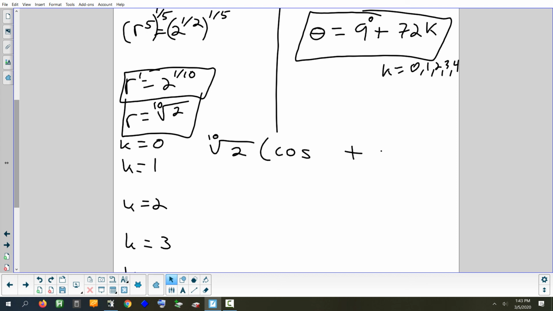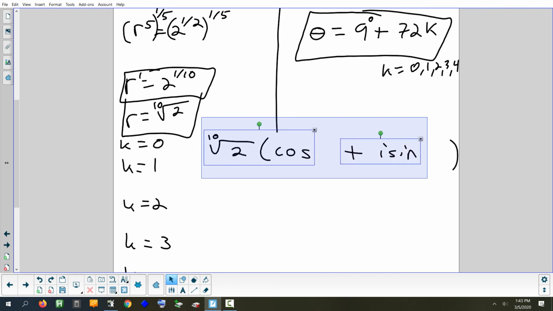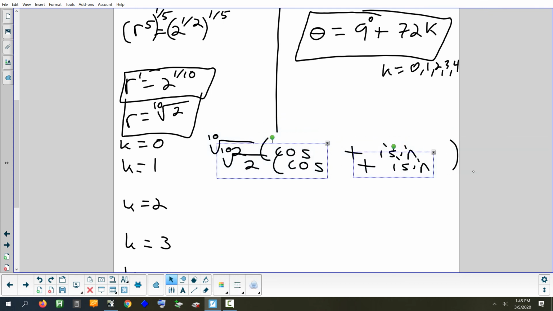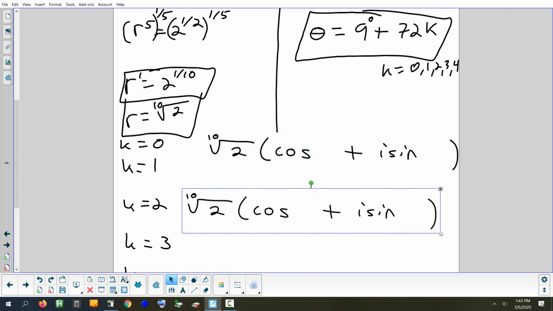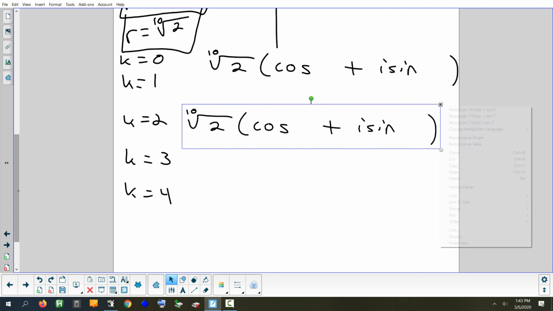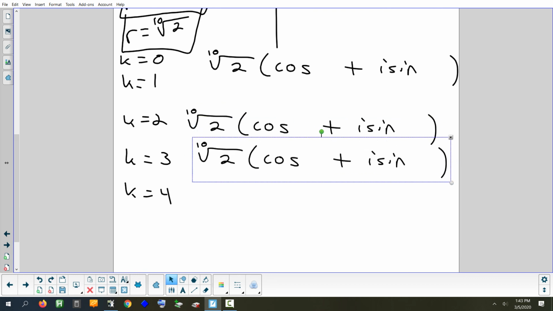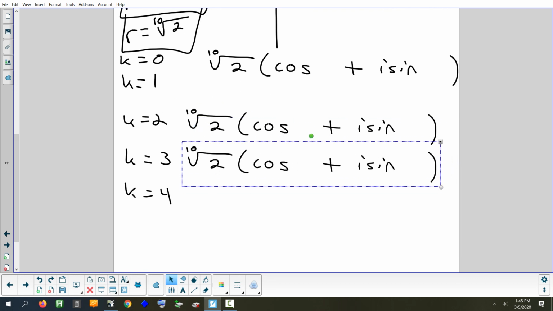Cosine, leave a little space, sine, leave some space. That's how every answer is going to look. Just going to copy and paste that. So that's our second. Got a couple more. Third one. Oh yeah, I need one more up there too.